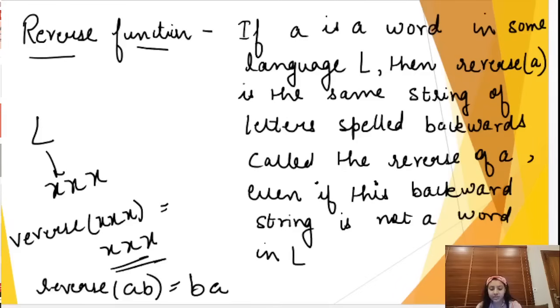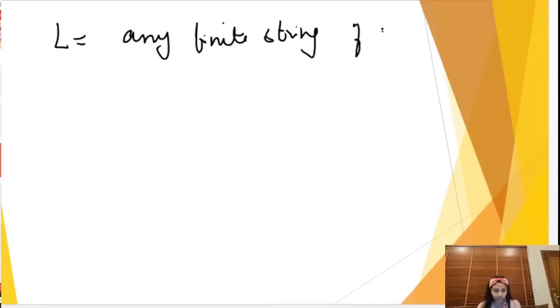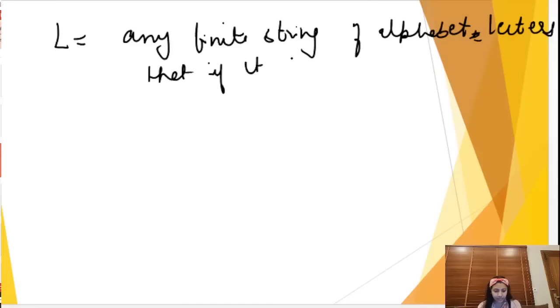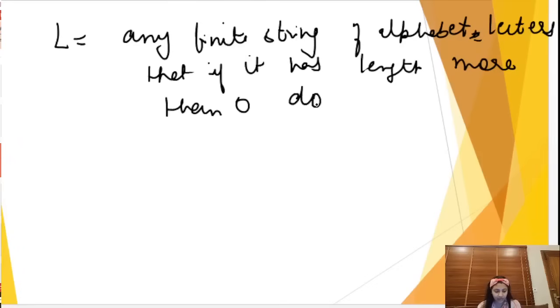Now for instance, suppose my language is any finite string of alphabet letters that, if it has length more than 1, then it should not start with a 0.